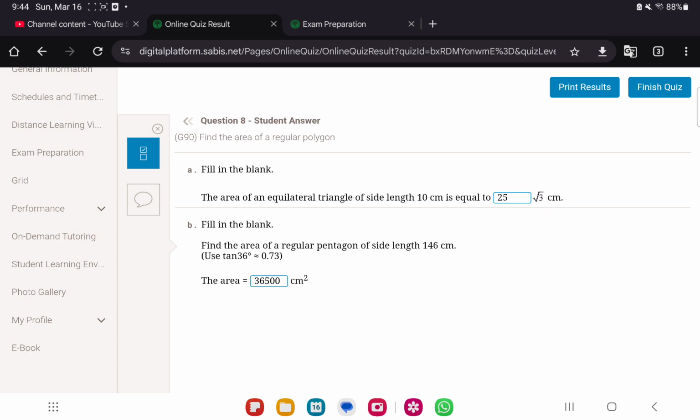Now for the second part, this one is a bit more complicated, okay? Here for this question, they give you the side, so you don't need to find the perimeter. But they don't give you the apothem. Now, when you want to find the apothem for a regular pentagon, you have to do side over 2 tan of an angle there, okay?